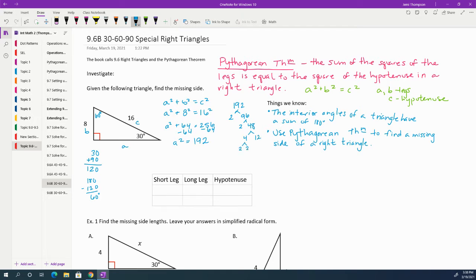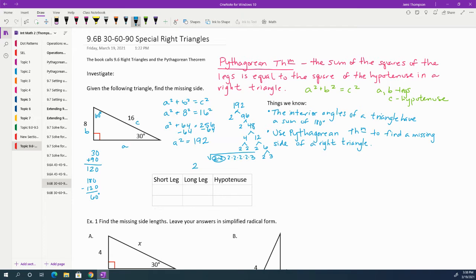4 breaks down to 2 times 2. 12 breaks down to 2 times 6. Lots of 2's again. Let's see, 1, 2, 3, 4, 5, 6 2's. And a 3. So I get a pair of 2's. I'm going to bring 1 out, right? Because 2 times 2 is 4.